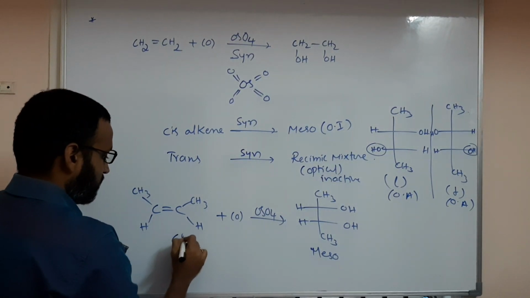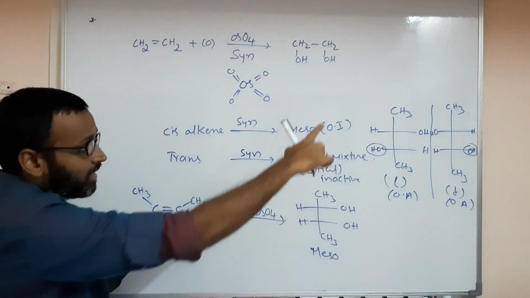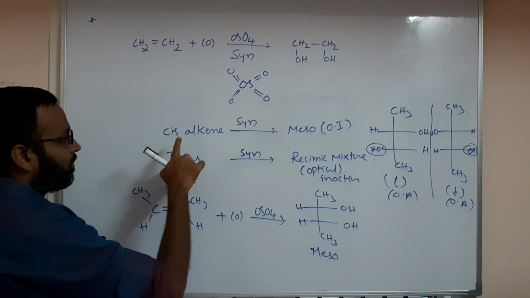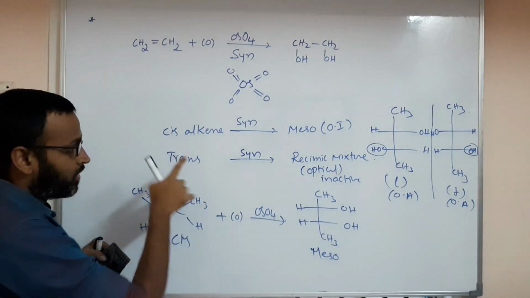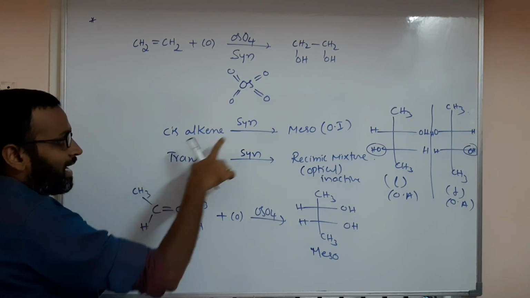So cis gives this one, but trans gives these two. Trans alkene with syn addition gives a racemic mixture. These two, what you learned, are the same for cis and trans.